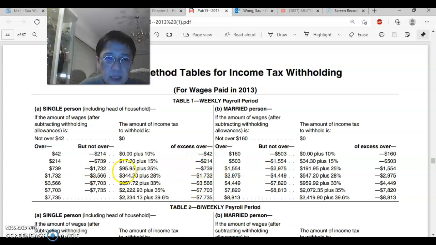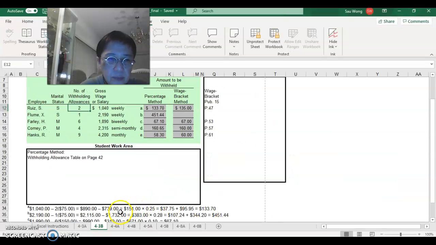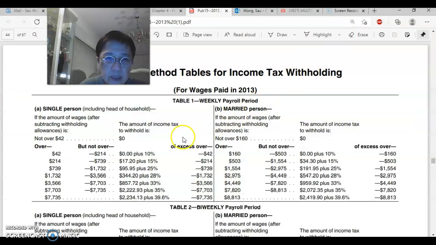So take the 95.95. We take the $1,040 minus the 2 allowances, which equals $890, minus the 739. The 739 we get from here: over 739, times 25%.